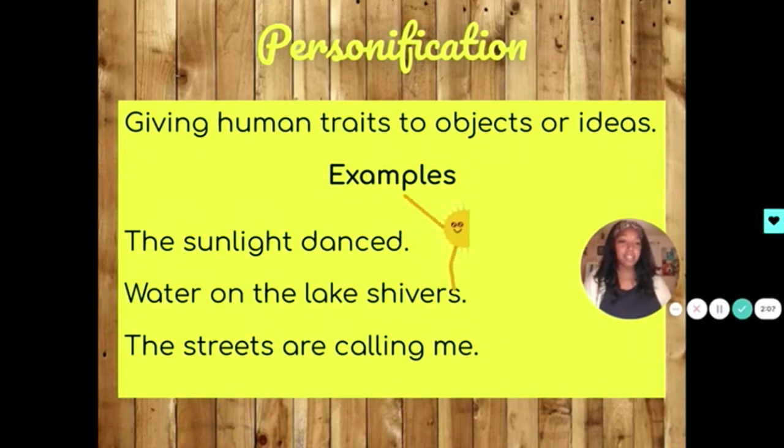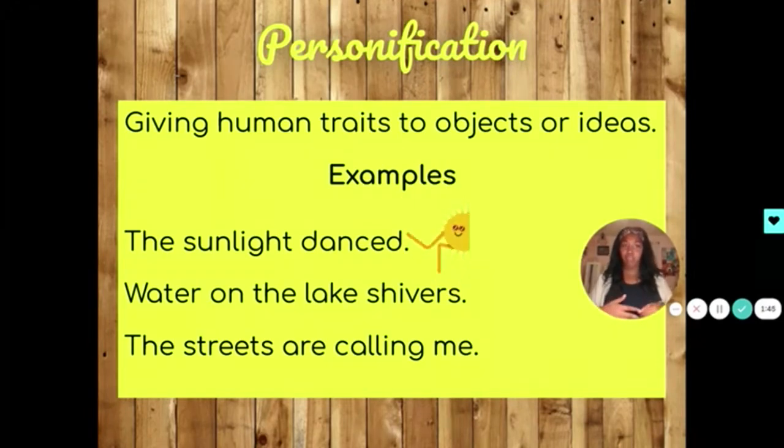Do you think the sun is actually dancing? No, but you're giving human-like qualities to the sun. Do you think the water on the lake shivers? No, but you're giving it the human quality of shivering. Maybe they're saying the water on the lake shakes, but you're giving it a human trait. The streets are calling me.